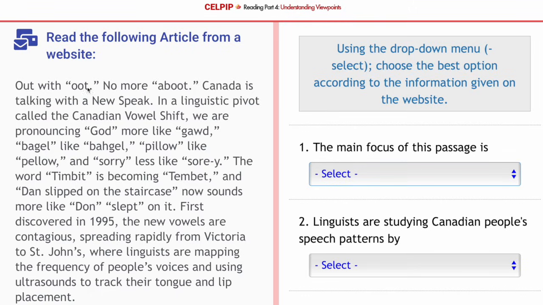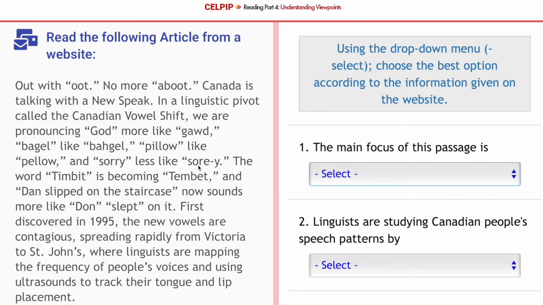Out with the oot, no more a boot. Canada is talking with a newspeak in a linguistic pivot called the Canadian vowel shift. We are pronouncing God more like God, bagel more like bagel, pillow like pillow, and sorry less like sorry.